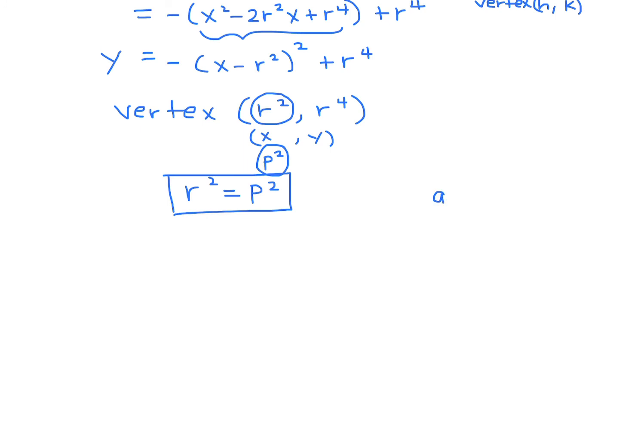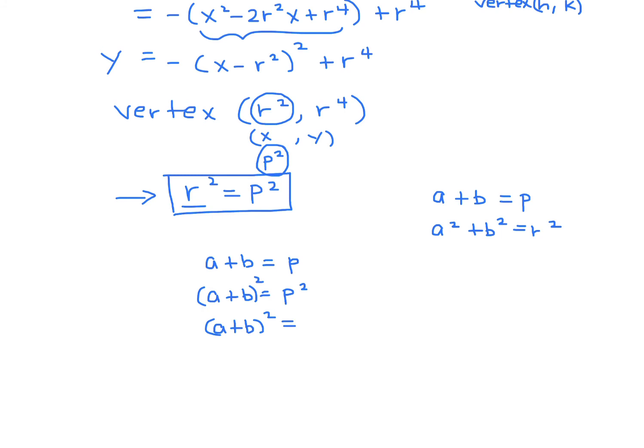Now, if you remember, in our earlier part of question number 9, we have proven that a plus b equals p, and that a squared plus b squared is equal to r squared, correct? Now, we have proven that r squared is equal to p squared. So that basically means that a plus b, which equals p, is also equal to p squared if you square it. And since p squared is equal to r squared, (a plus b) all squared is equal to r squared, like that.